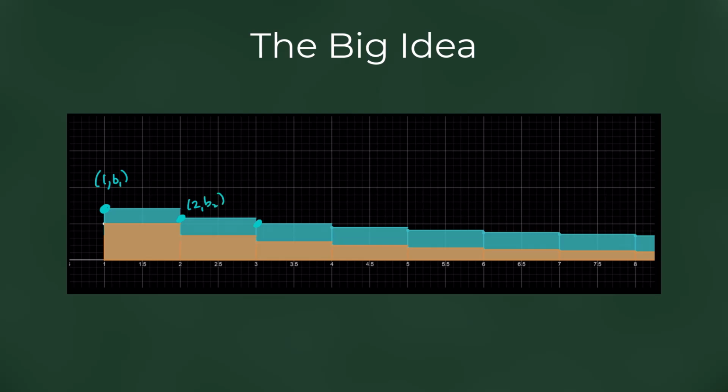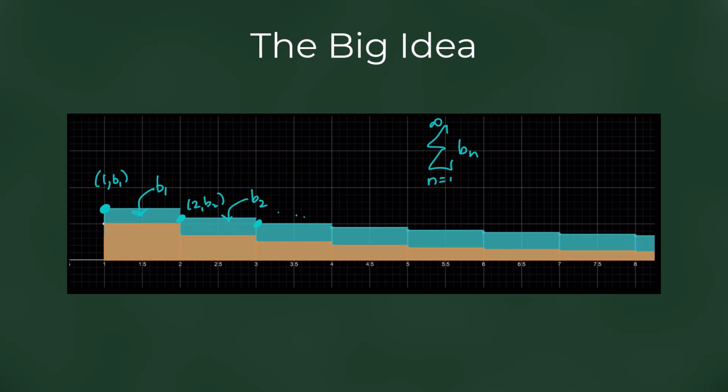That means that because each of those rectangles has a width of 1, the area of that rectangle is exactly equal to b sub 1. The area of the next rectangle is b sub 2, and so on and so forth. So what we see is that we can represent the blue area on here as the sum from n equals 1 to infinity of the sequence b sub n, which is how we represent our series.